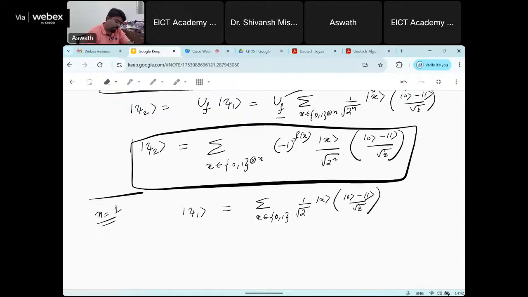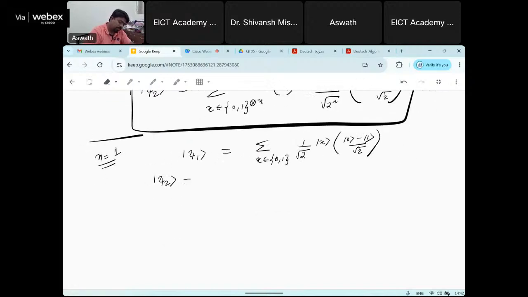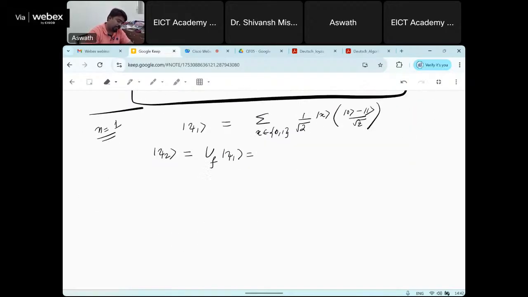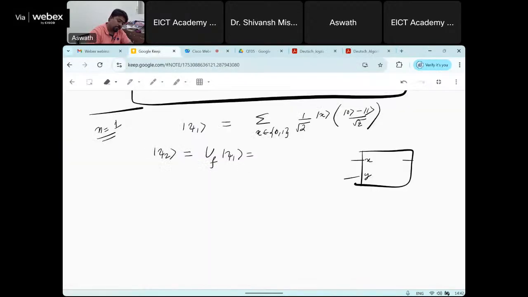Now I want to find psi2, which is the unitary action on psi1. As we know, the unitary action on psi1 works like this: if this is x and this is y, then x goes as it is and y becomes y plus f of x.